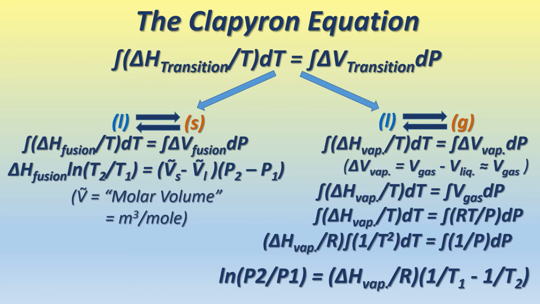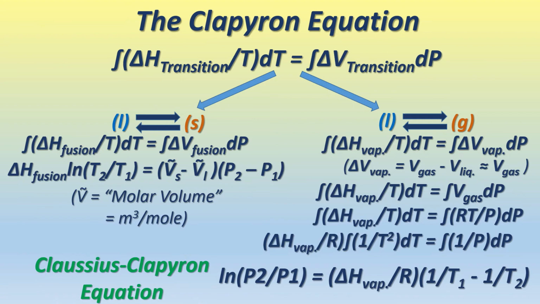And as promised, if you remember your general chemistry, you get what should look familiar. You get the Clausius-Clapeyron equation. For the liquid-gas phase equilibrium, the Clapeyron equation comes down to log of P2 over P1 is the heat of vaporization over R, 1 over T1 minus 1 over T2.